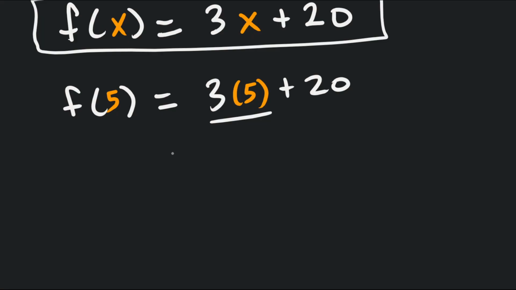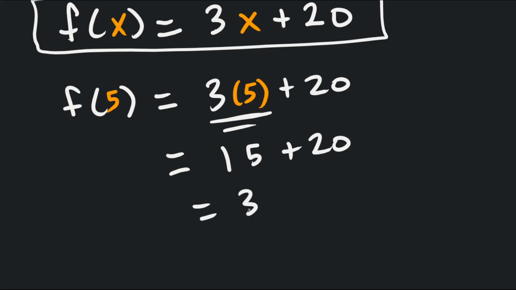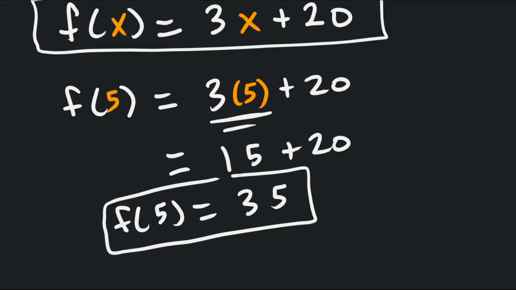And let's evaluate the same way. What's 3 times 5? That is 15. So 15 plus 20. And what's 15 plus 20? That is 35. So f of 5 equals 35. That means after 5 hours, we will have made $35.